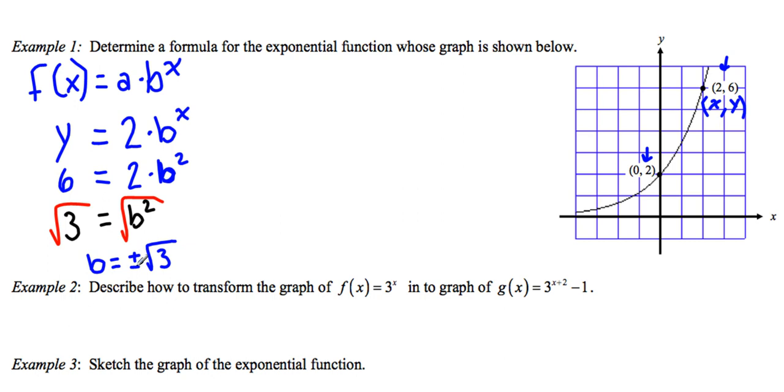Normally we would leave it like that, but since we're given the graph of this function, we can tell that this is a growth equation. So we really don't need the plus or minus. We just need the plus part. So our b is root 3. Let's go back in and put it all together. The equation of this function is 2 times root 3 raised to the x power.